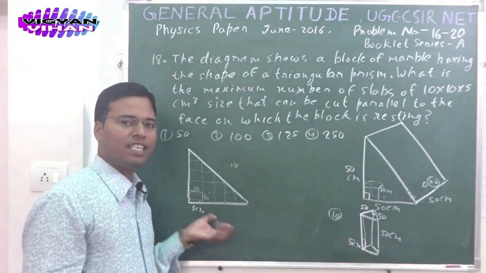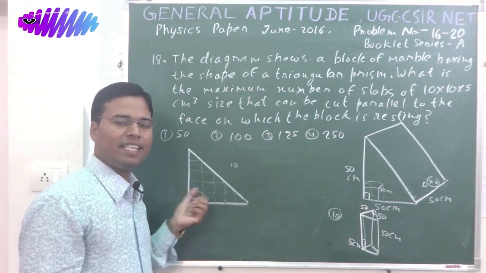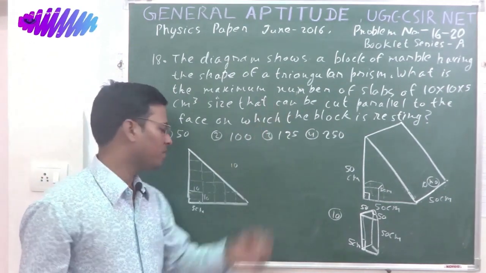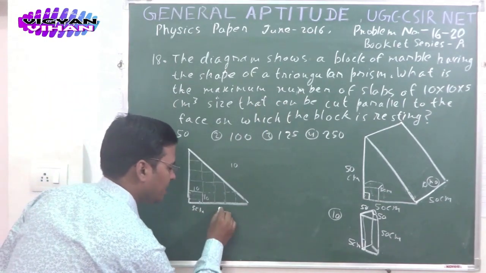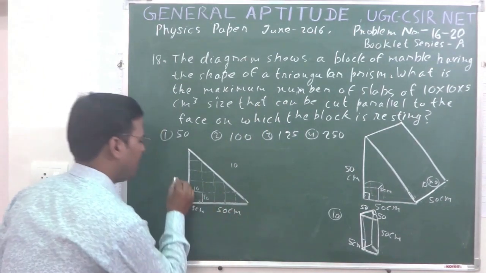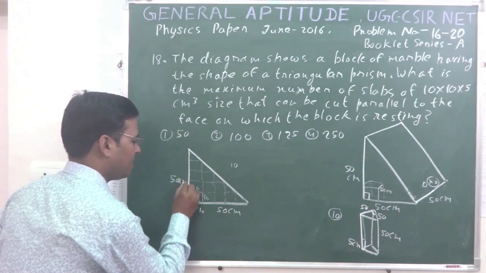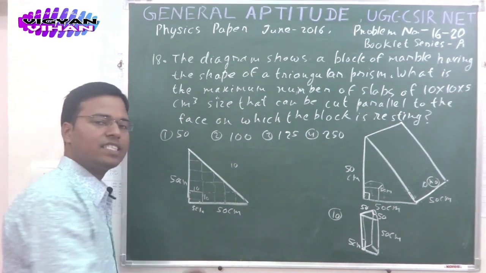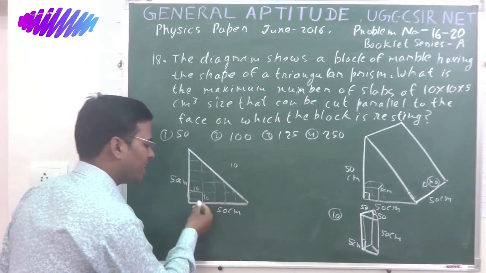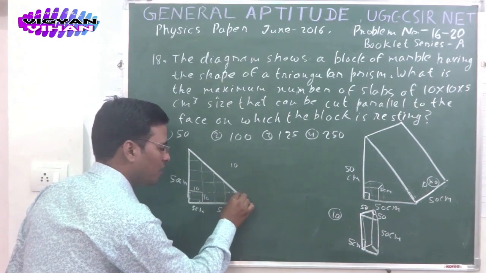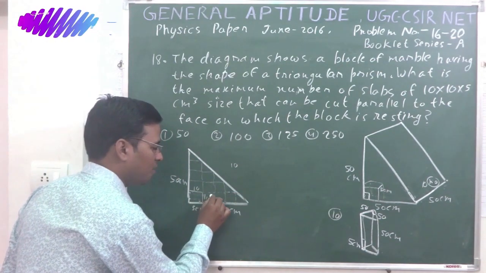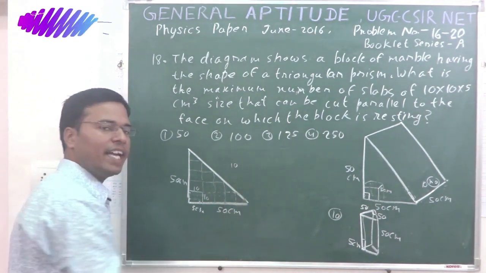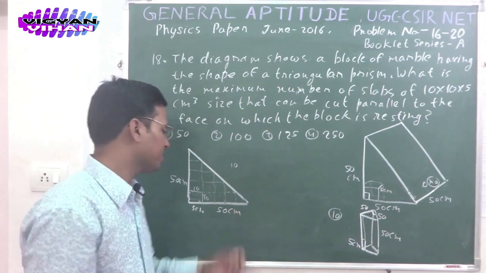From the triangular region we will cut 10 by 10 area segments to calculate the total number of slabs. It is here dimension 50 centimeter of base, 50 centimeter of height. Then we will take 10 by 10 square shaped segments out of this triangle. Moving parallel to its base, we will get 1, 2, 3, 4 square shaped, and the remaining triangular area is of no use.